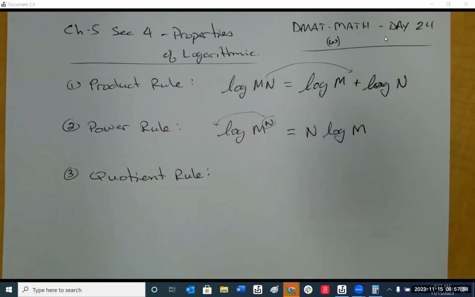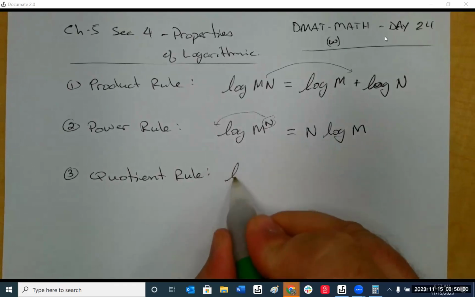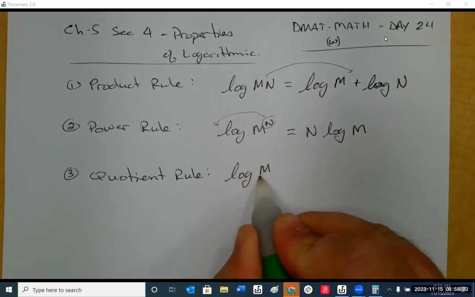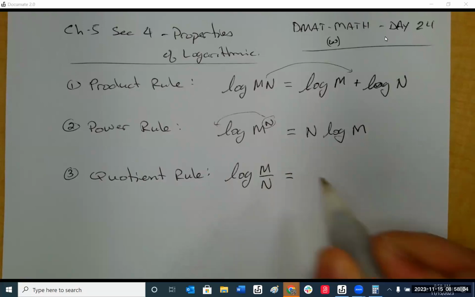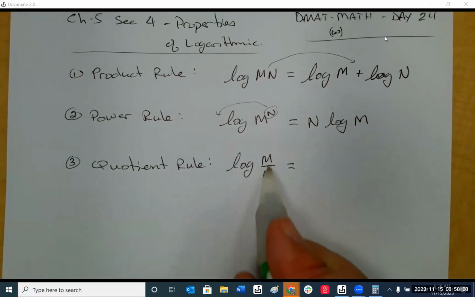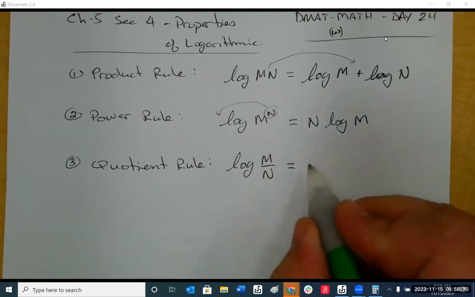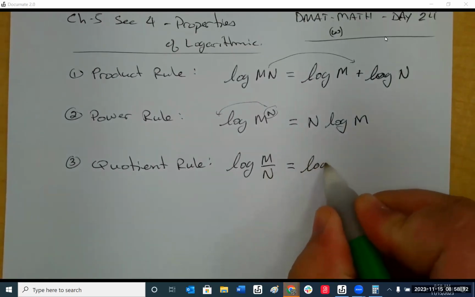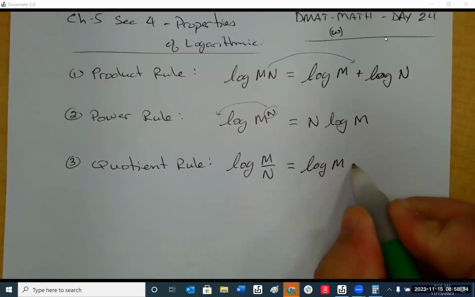The third one is called the quotient rule. When you divide things, you make them smaller. So this is why we use subtraction.